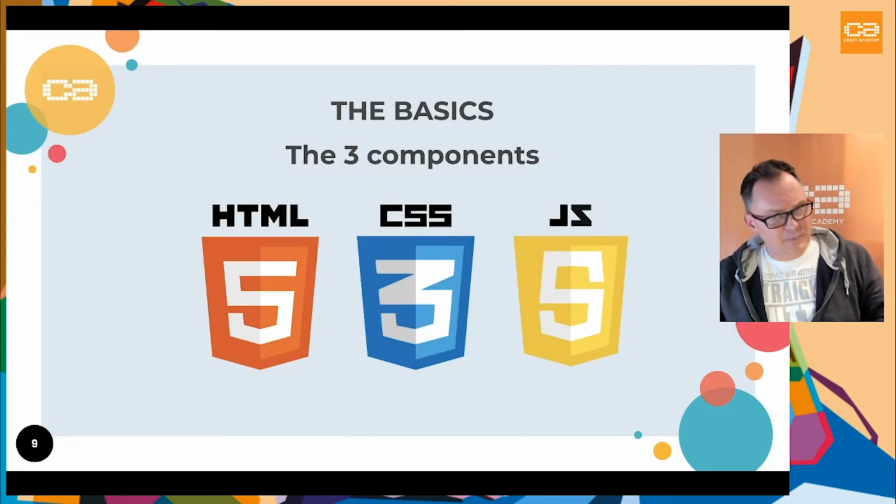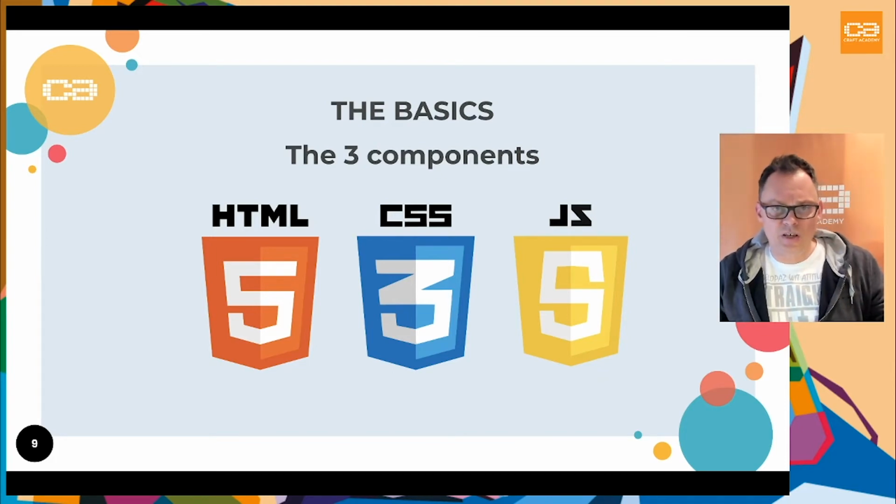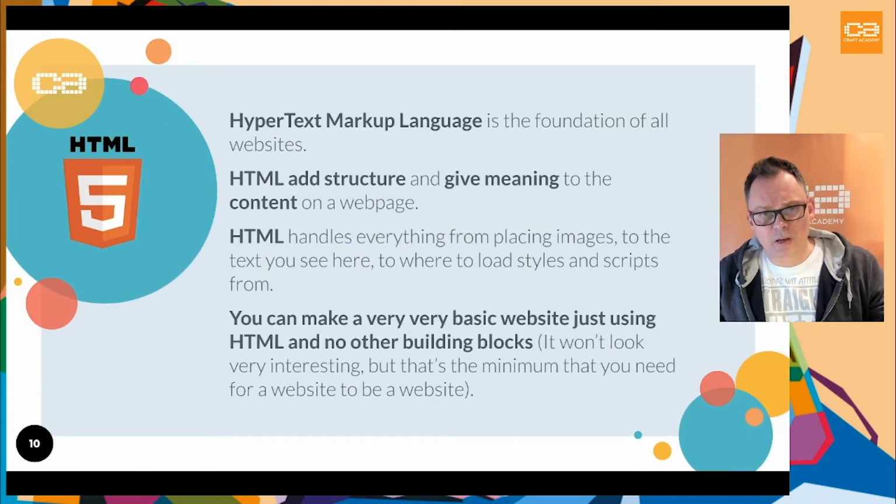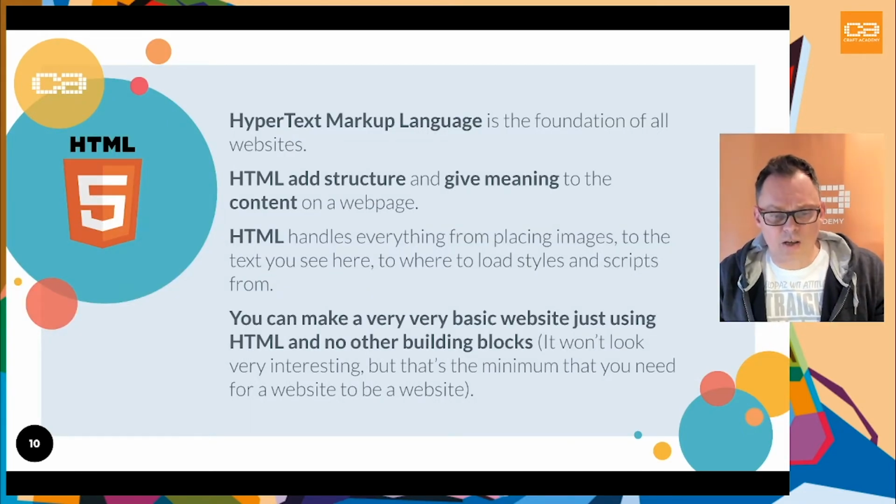Now, let's back up a little bit though, because everything you see in your browser is based on these 3 technologies: HTML, CSS, and JavaScript. Now, HTML is an acronym. It stands for Hypertext Markup Language, and that is the foundation of everything you see on the web. It adds the structure and gives meaning to the content on a web page.